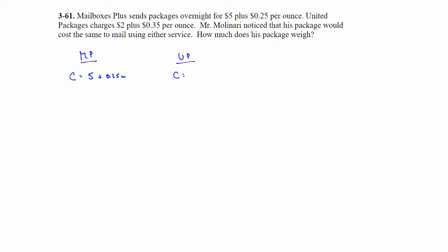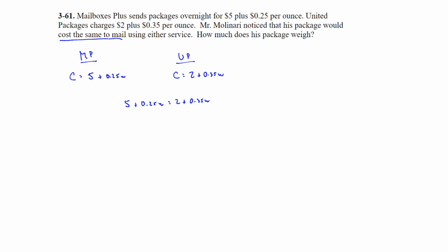It's going to cost $2 plus 35 cents per ounce. And so we want to know when the cost is going to be the same to mail those. So if we know that the cost, or the C, is going to be the same, we can just say, at what value of the ounces or the weight would make sure that the cost is the same. And so we'll just set them equal to each other and solve.